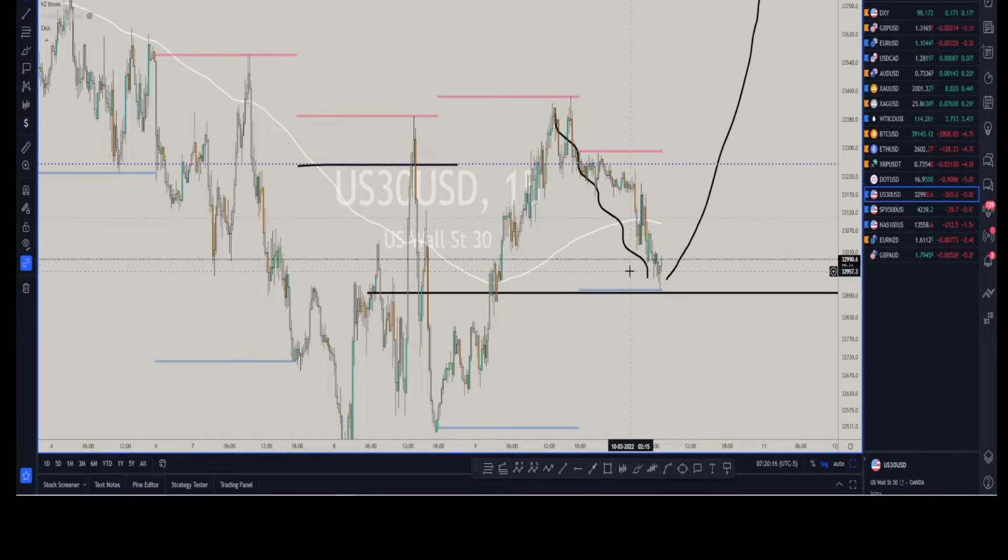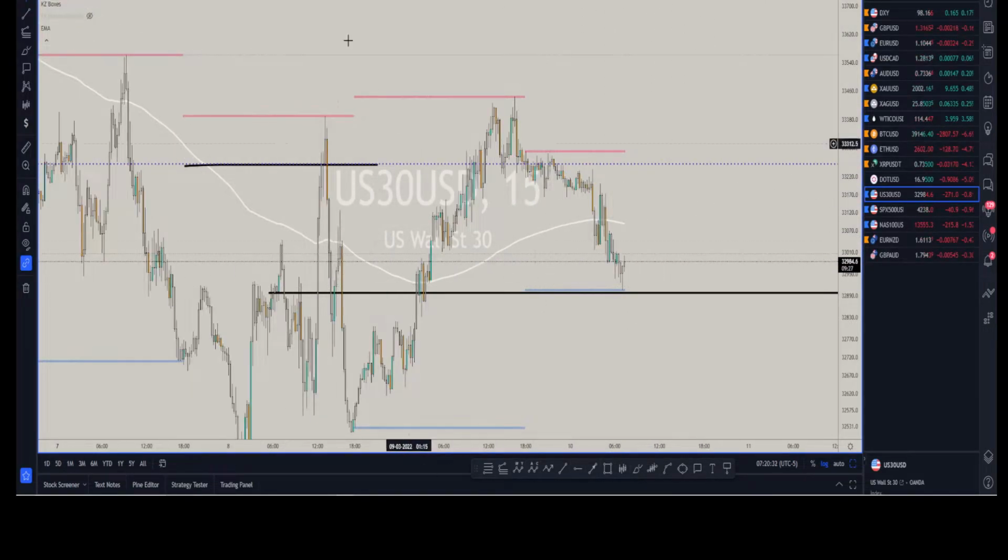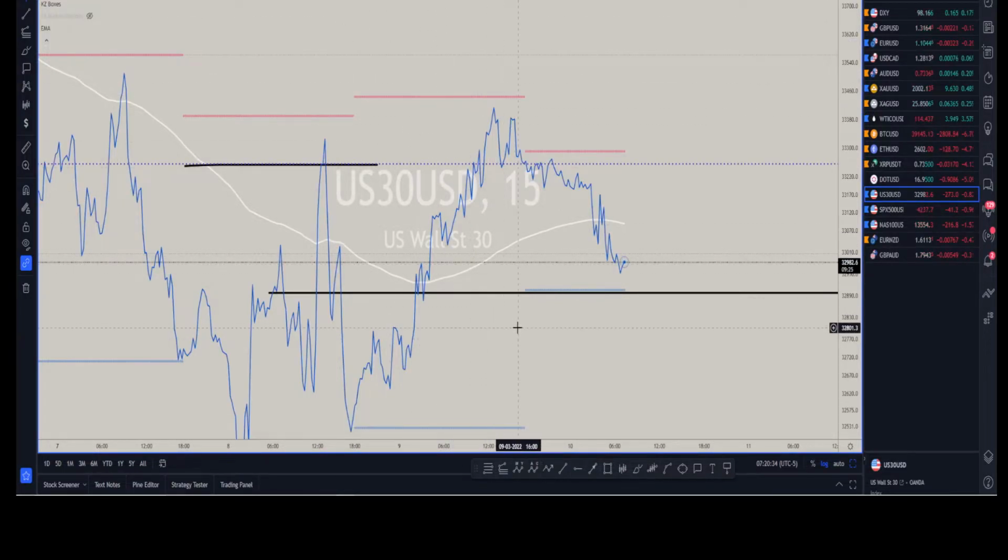What do we have here? Is this familiar to you in any way? Let me clear these from here. Let's switch to this a bit. Would this be a three wave?